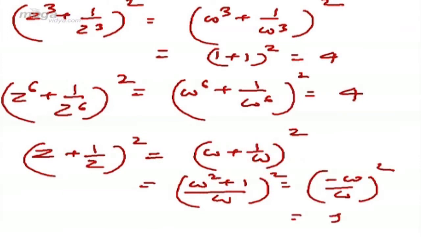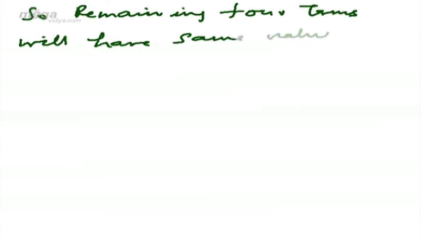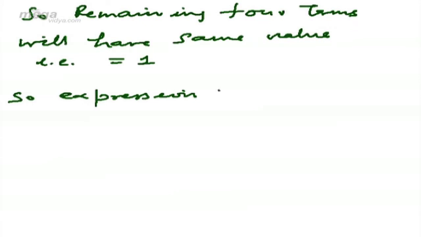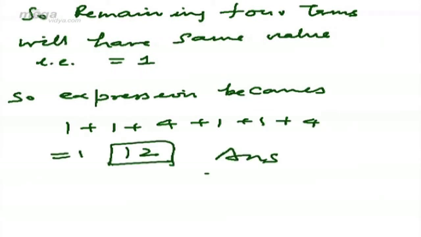So this whole term will become 1. So the remaining 4 terms will have the same value, and that is 1. So the expression becomes 1 + 1 + 4 + 1 + 1 + 4. So the value will be 12.